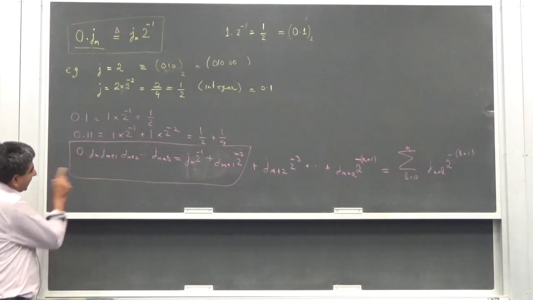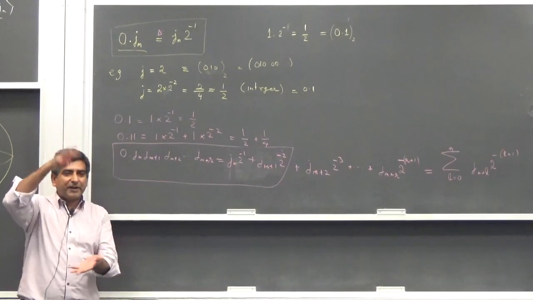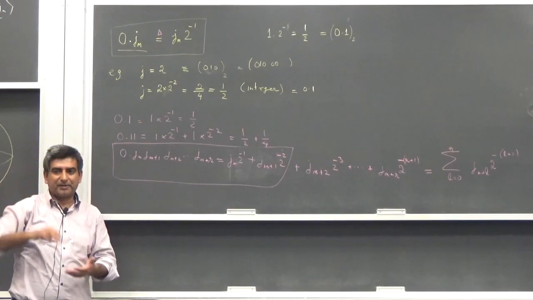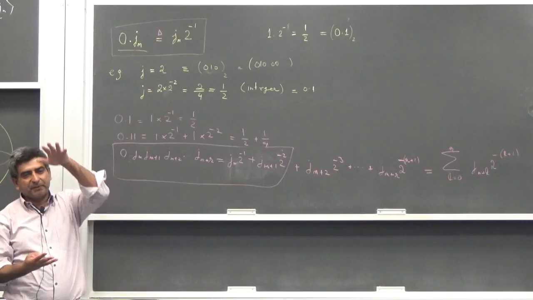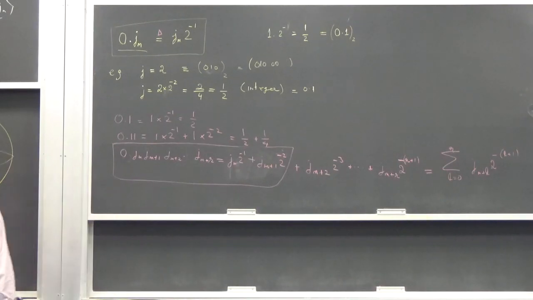So the first position to the right of the decimal point means that you're dividing the number by 2. You're halving the number. The second position to the right of the decimal means you're dividing by 4. The next by 8, and so on. Now let's look at what's happening over here.